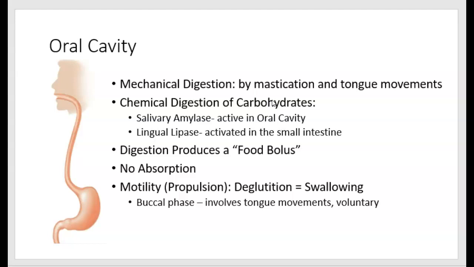The saliva also contains lingual lipase, which would break down lipids, but it isn't activated in the oral cavity. It's activated in the small intestine. So these processes of chemical and mechanical digestion produce what is known as a food bolus.